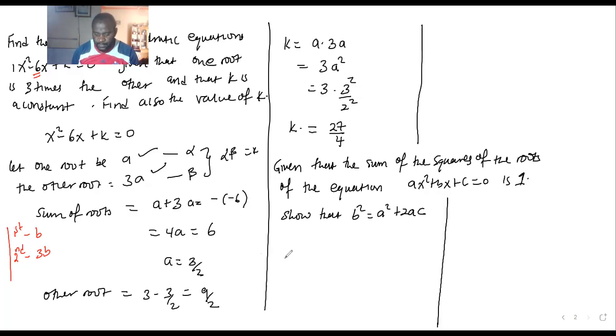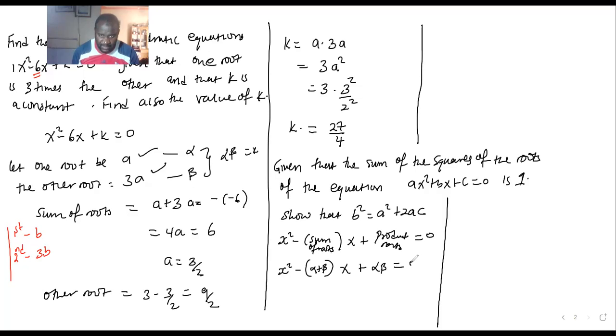Now, to start with, we know very well that x squared minus the sum of the roots times x plus the product of the roots is equal to 0, whereby x squared minus alpha plus beta times x plus alpha times beta is 0.